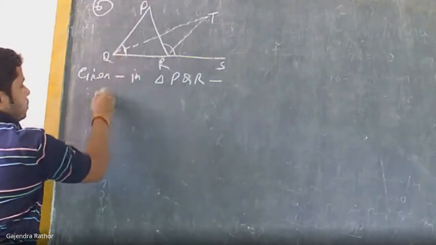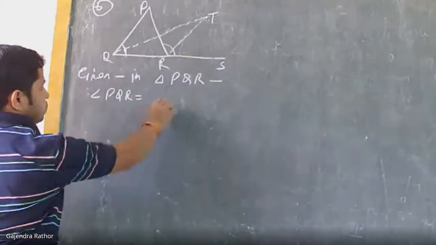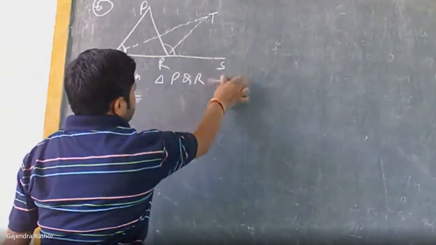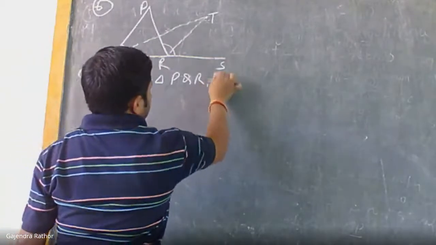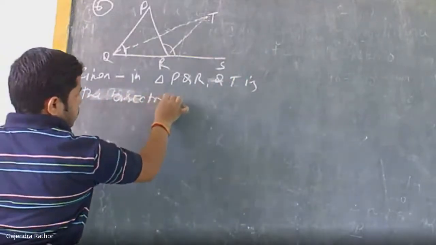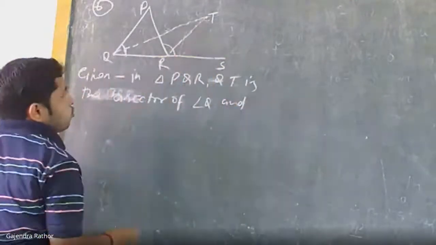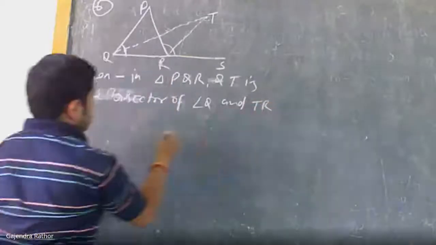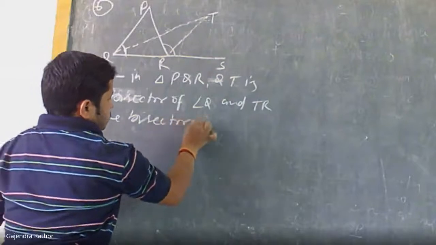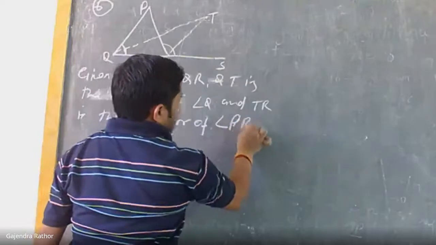Simply write: in triangle PQR, QT is the bisector of angle Q, and RT is also the bisector of angle PRS.